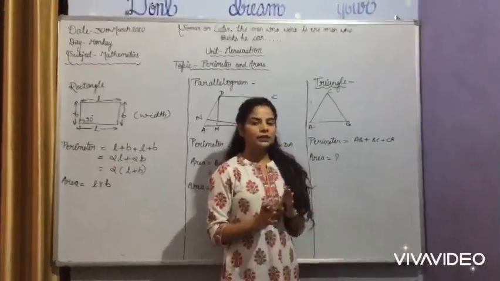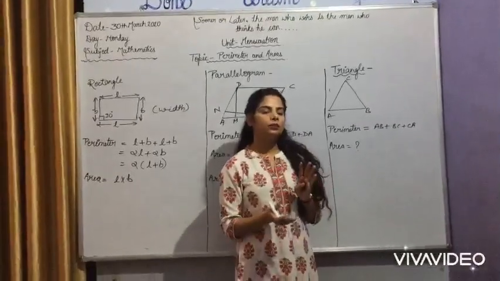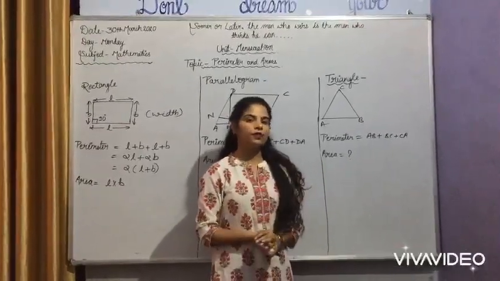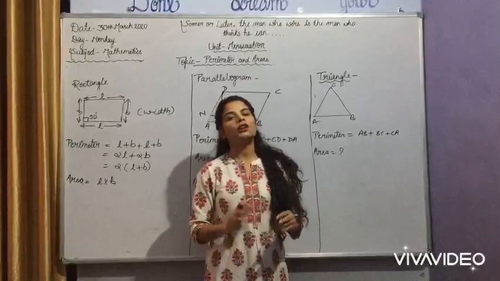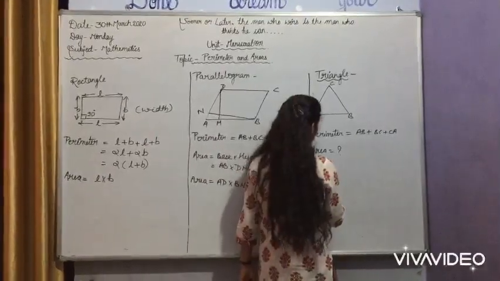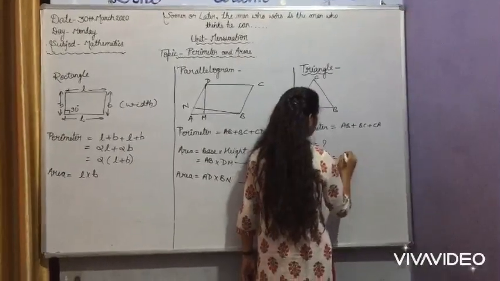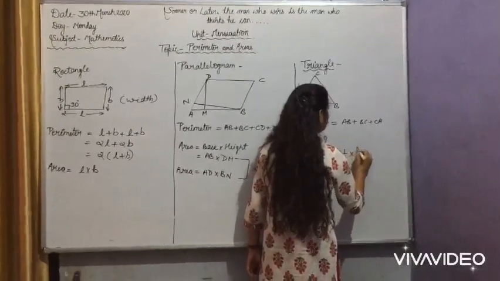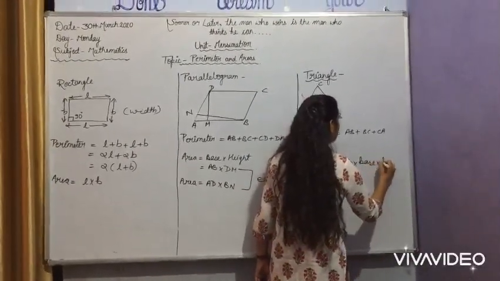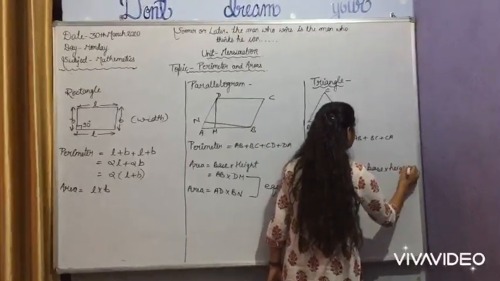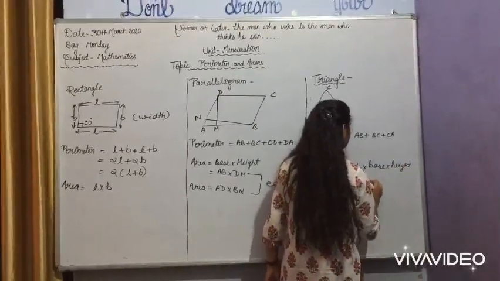One is a generalized formula, that is, we can say a universal formula which is applicable to all the triangles. That is, area of triangle is equal to half multiplied by base multiplied by height. Now what is height here?